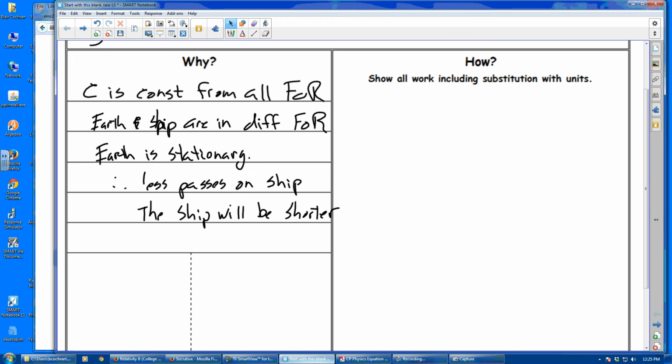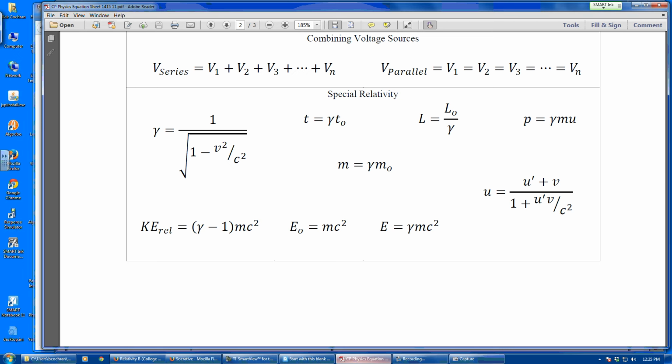All right. Earth and ship are in different frames of reference. You good? Can I flip to the equation sheet? On our equation sheet, because we're shifting frames of reference, that's our clue that I need the Lorentz transformation.